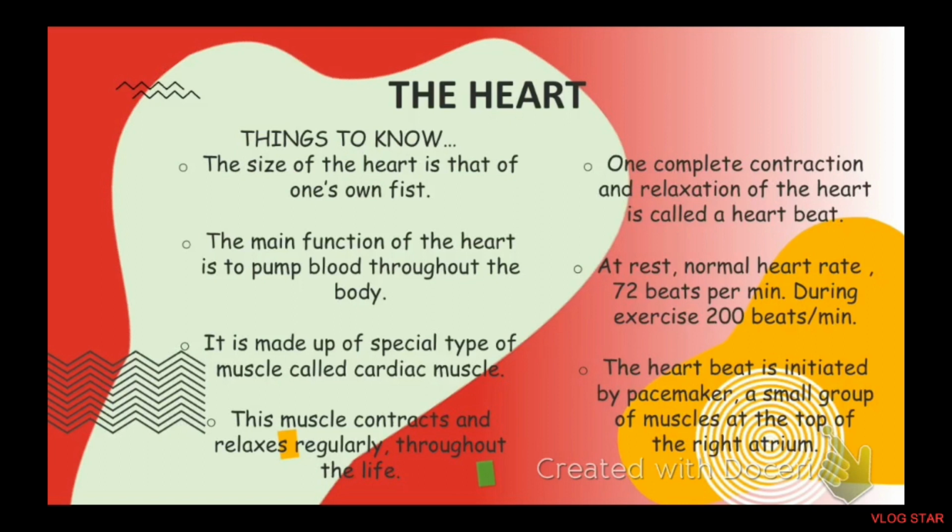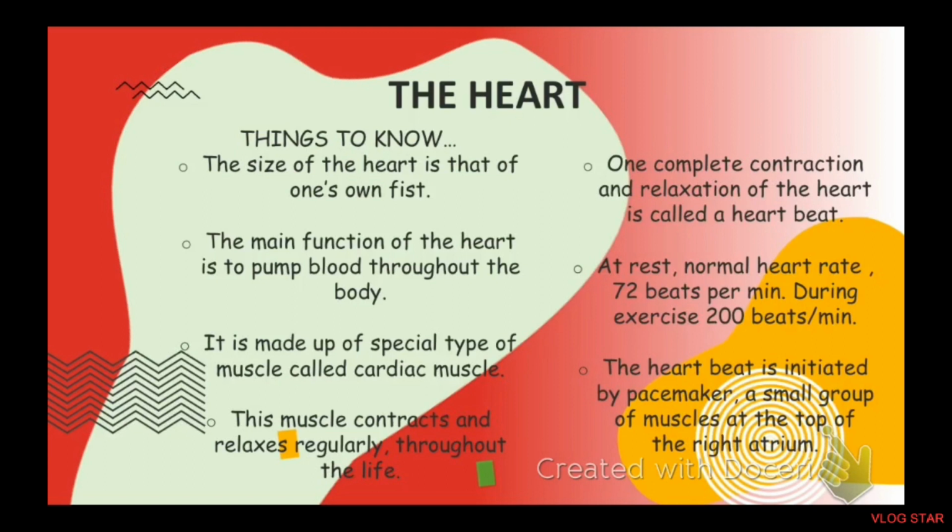So it is around 200 beats per minute. Why do you think it is that much? Yes, you guessed it right, because during exercise we do require a lot of energy, and that's why the heart also needs to work faster, so that it brings in more fresh oxygenated blood into the body and removes all the deoxygenated blood.